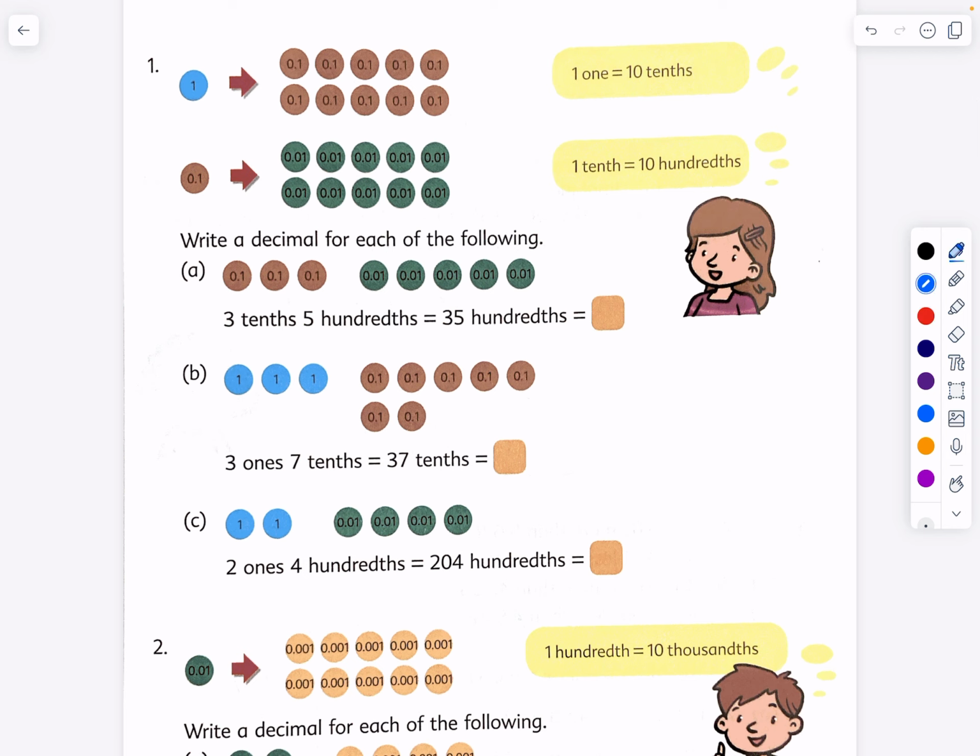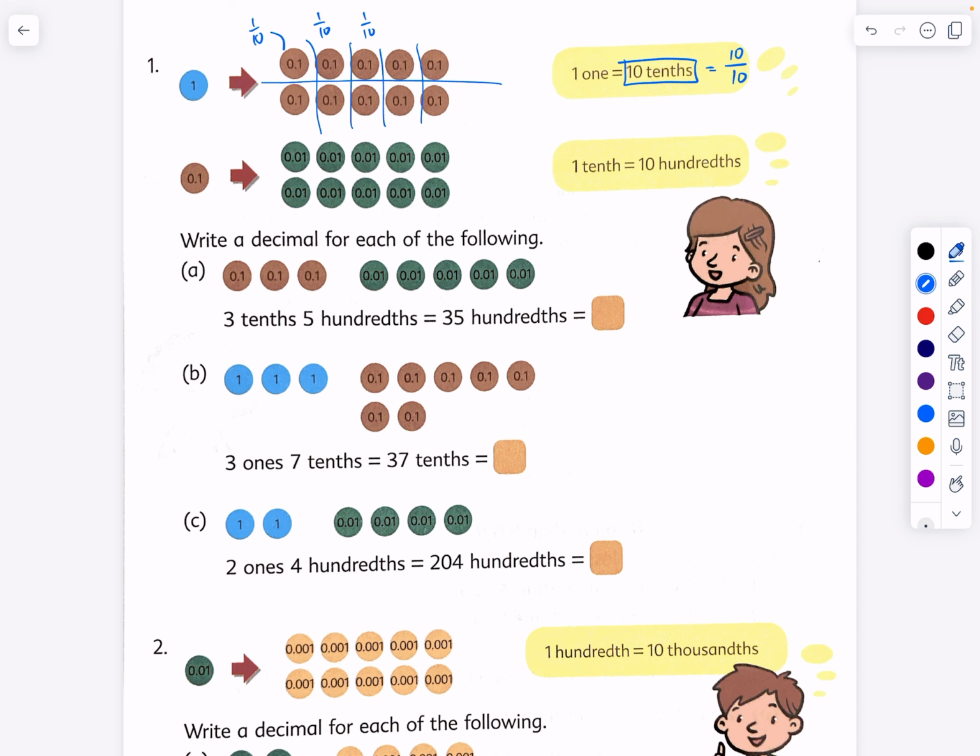One whole can be broken into 10 equal parts, and each of these parts is 1/10. 1 is the same as 10 tenths, or we would write it using simple fractions in such a way.